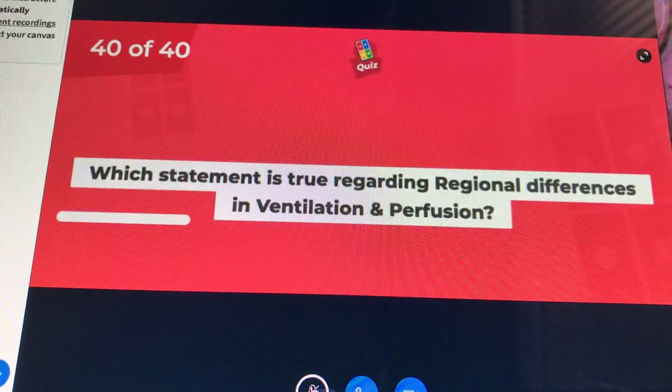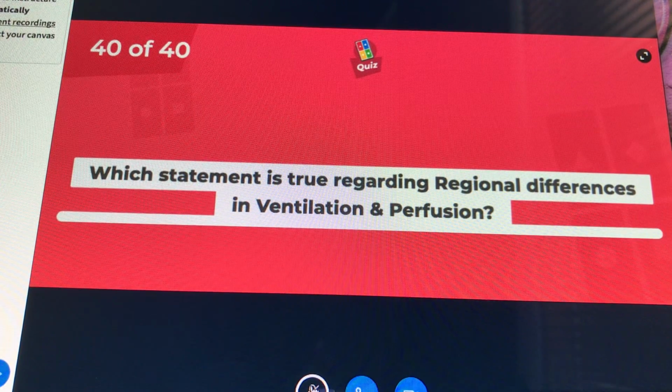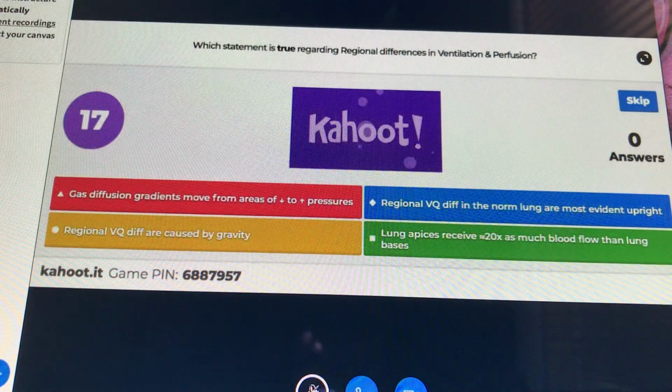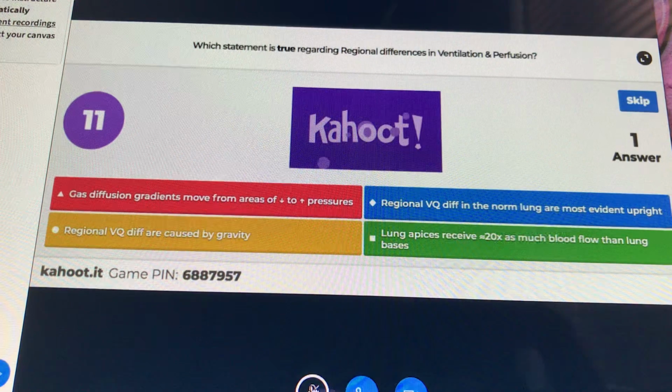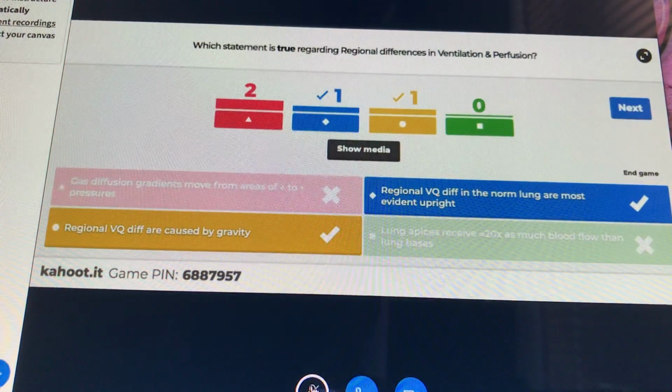Yeah, last one. Which statement is true regarding regional differences in ventilation and perfusion? Okay, that would be the yellow and the blue.